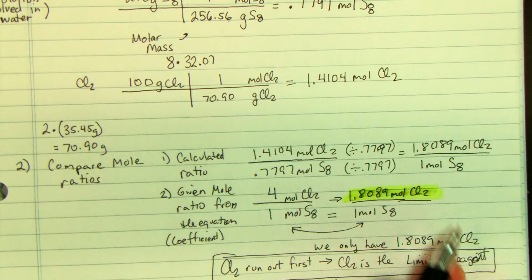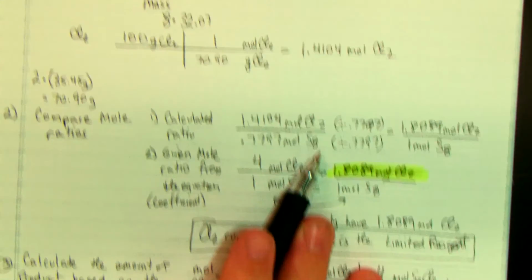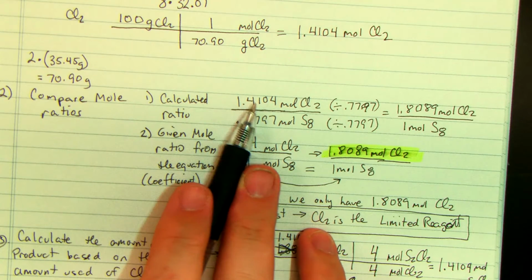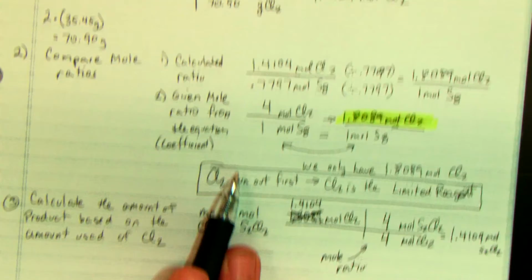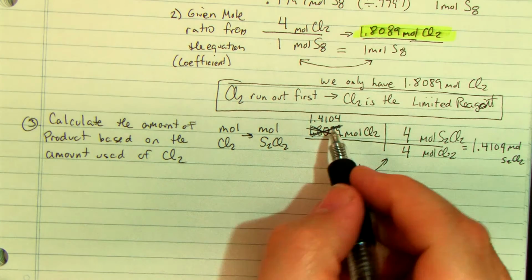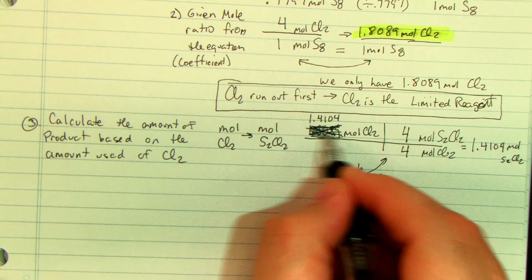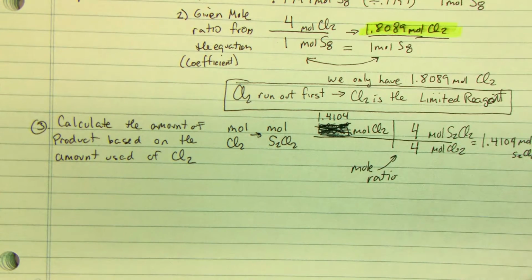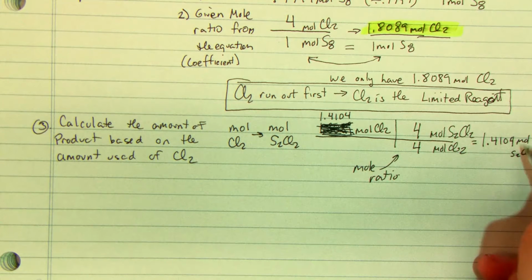This is the one we actually have to use. So I apologize for that. So that's the amount that we have to use. And we figure out that we have 1.4104 moles of S2Cl2.